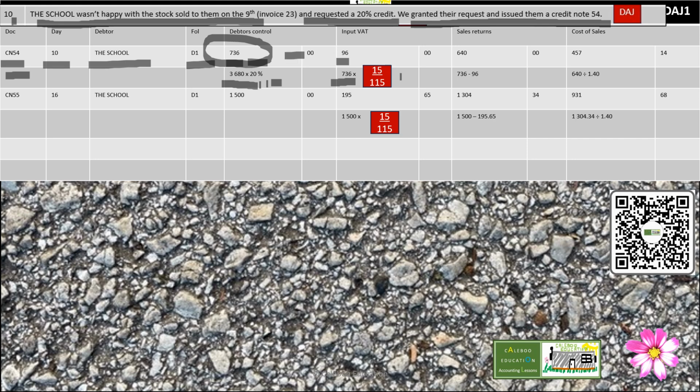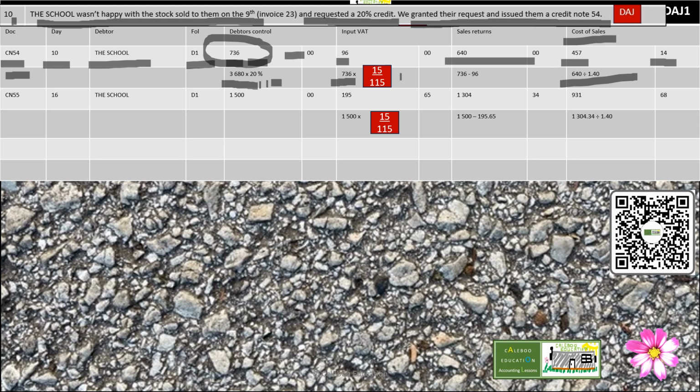And 736 minus 96 is 640. And in order to get the cost of sales amount, we say 640 divided by 1,4 gives us 457,14. So there we go. That's quite easy, just needs a little bit of practice.